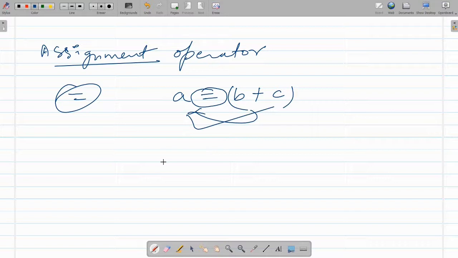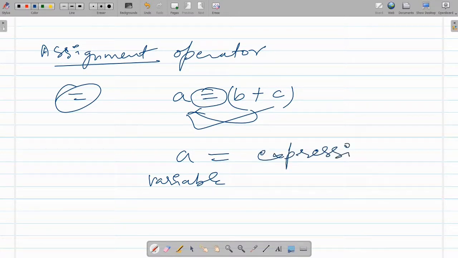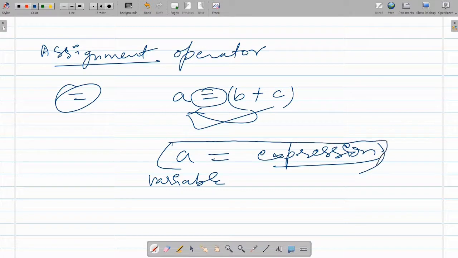But in case of Python or any programming language, the format is variable equals expression. For a valid equation or valid expression in Python, this should be followed. We always assign our expression value into a variable.